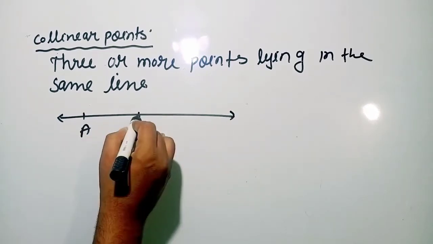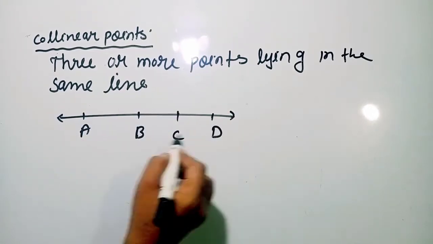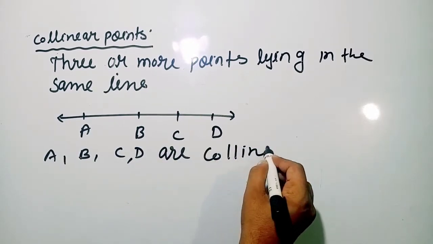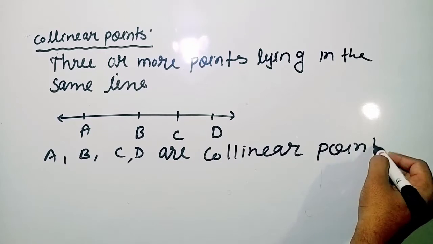Here we have points A, B, C and D. These points lie on line L. So A, B, C, D are collinear points.